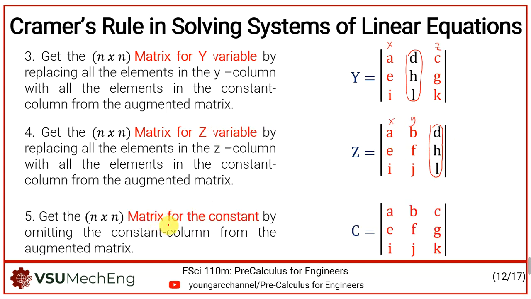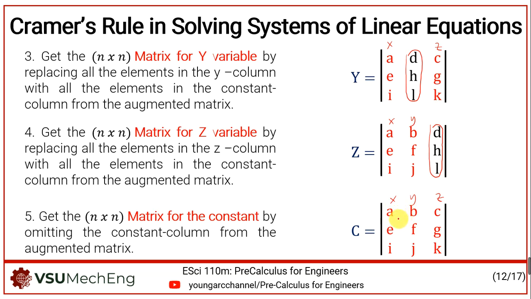And finally, if you're going to generate the last matrix, the one for the determinant of the coefficients, all the columns contain the coefficients for x, y, and z. These columns cannot be interchanged.